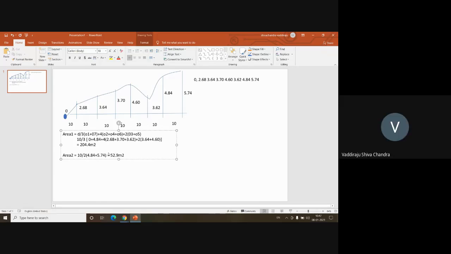So the total area is equal to 204.4 plus 52.9. What is the answer? 257.3 meters square. What about others? Did you get the same values? Same value, sir. Okay.